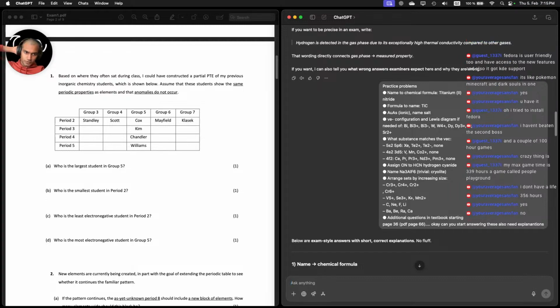Fedora is user friendly too and has access to new features, and also it got KDE support. Okay. I have too many hours on Minecraft. Minecraft, I never played it. Fedora. Fedora Linux. Dude, Fedora is older than me.